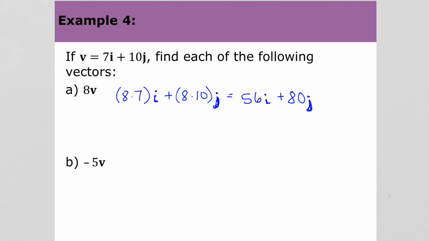And then negative 5v would be negative 5 times 7i plus negative 5 times 10j. That would be negative 35i minus 50j.